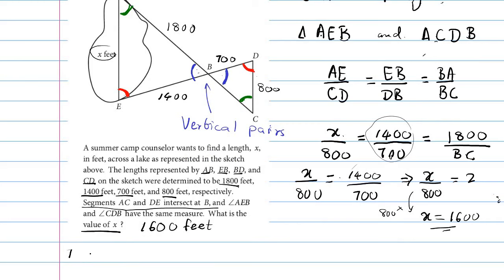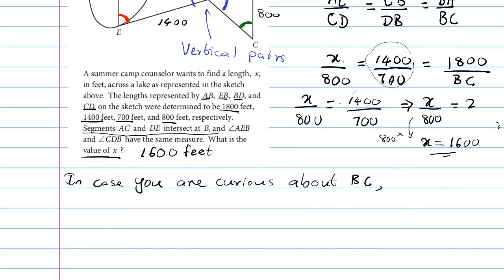In case you are curious about BC, we can work that out too. What do we pick? We have 1400 over 700, which is a completely known figure, and the figure that contains BC. I'll write 1800 over BC, and that is supposed to equal 1400 over 700, which is equal to 2 again.